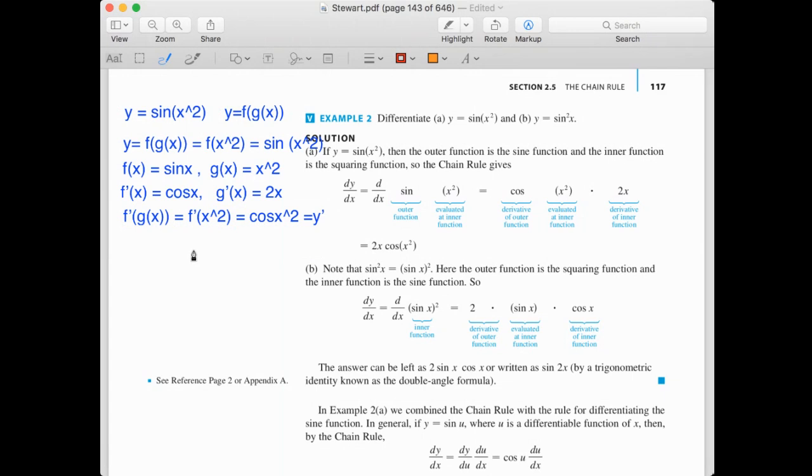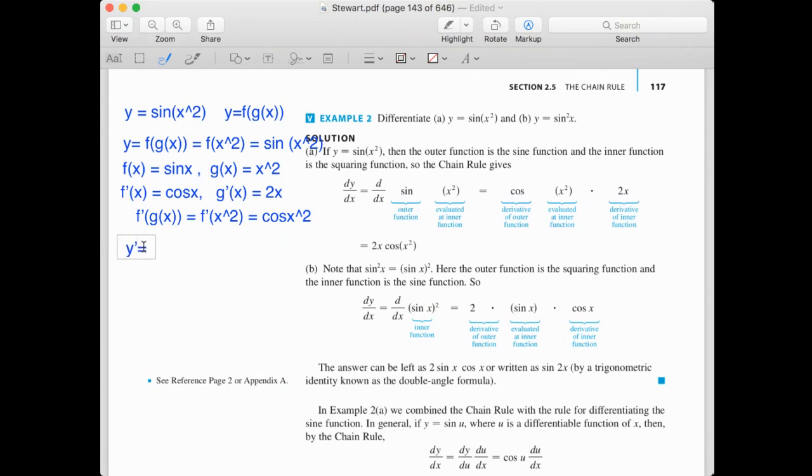Okay, I have a question here. The question is, what about the derivative of g? Oh, right. That's not y prime, that's f prime. Thank you, Noella. You caught my mistake. That's f prime of g. Thank you. So now what's y prime?